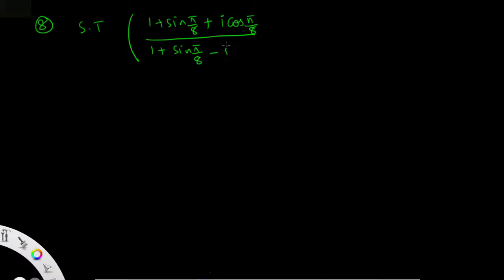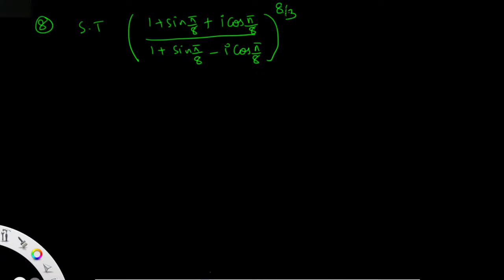Show that one value of this expression, (1 + sin π/8 + i cos π/8) divided by (1 + sin π/8 − i cos π/8), whole to the power of 8/3, is equal to minus 1.